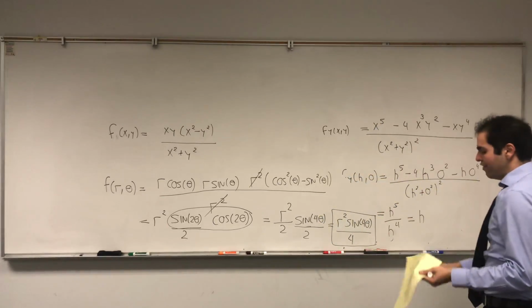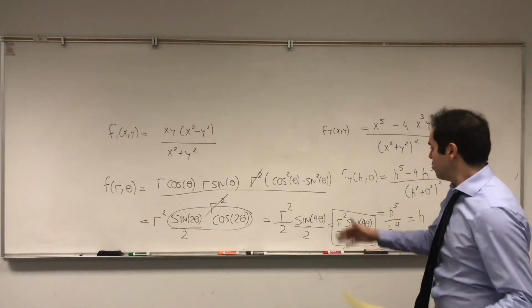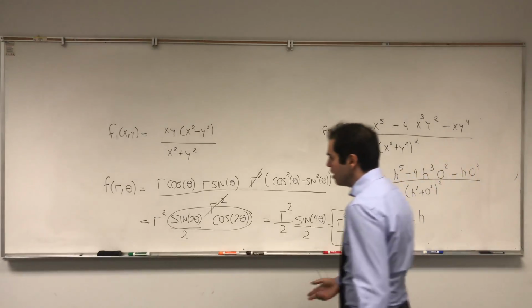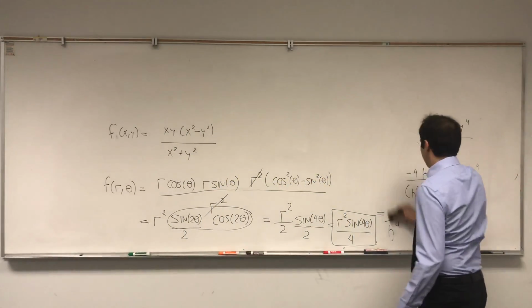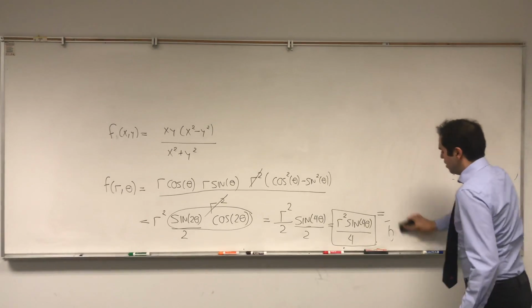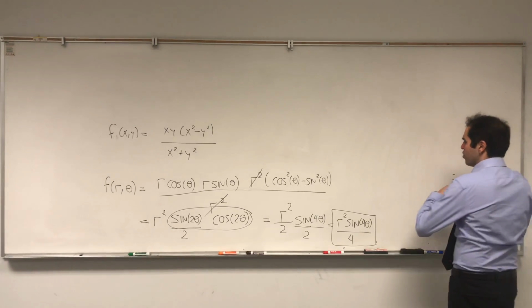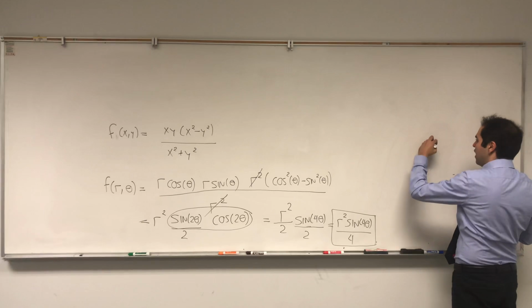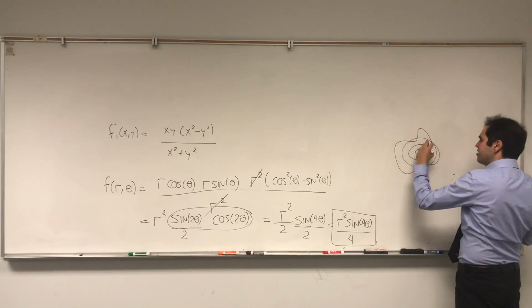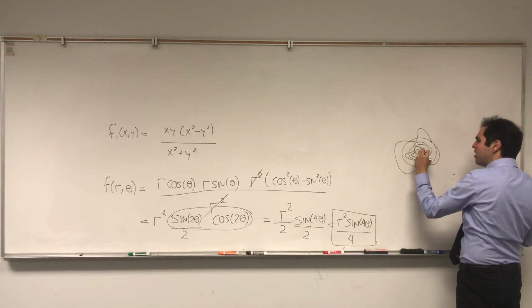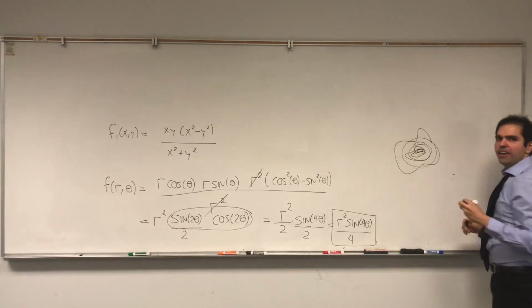So in fact, if you think about this, I know it doesn't look that pathological here, but what this function does is that on every circle, it just oscillates 4 times. So it's a function that's kind of crazy. It just oscillates 4 times, no matter how small a circle we have.